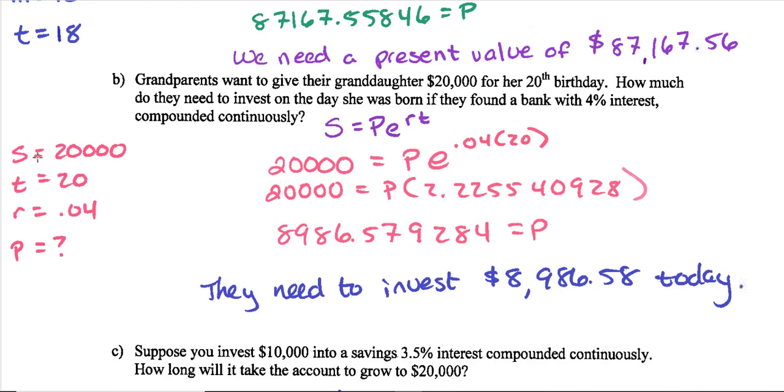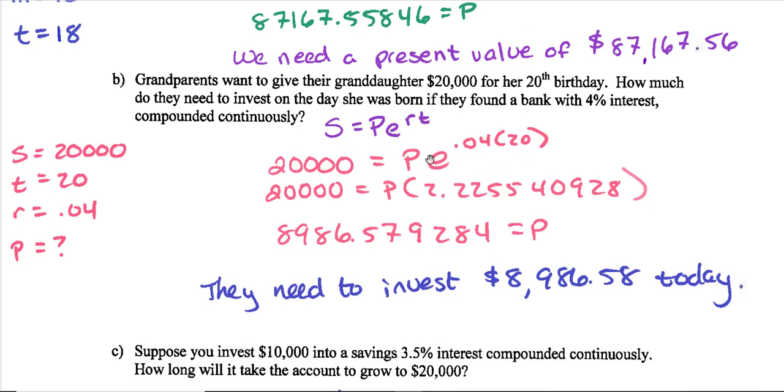Let's fill in what we know. They want $20,000 in the future, so that's S. They want it in 20 years, so that's T. The interest rate they found was 4%, so that's 0.04. And we're looking for how much they need today, the present value P. So plug in what we know: 20,000 equals P e to the 0.04 times 20.